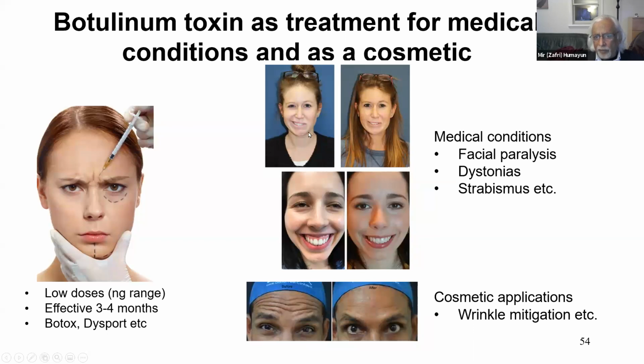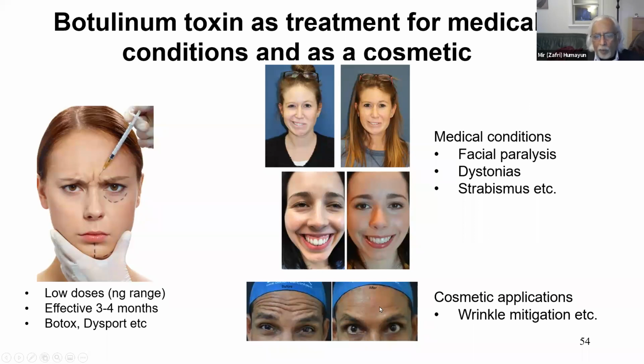These patients, when given extremely low doses of botulinum toxin, were helped. As you can see in this patient, the symptoms of facial paralysis were alleviated significantly by using very, very low doses of botulinum toxin. Incidentally, botulinum toxin is effective for up to 3 to 6 months at a time. Then it will have to be repeated in order to regain the same effect.